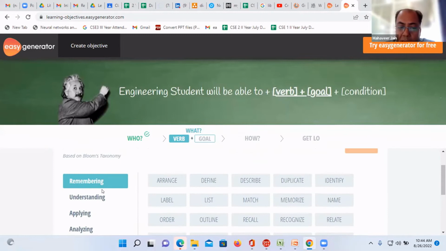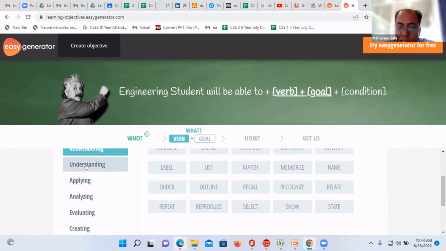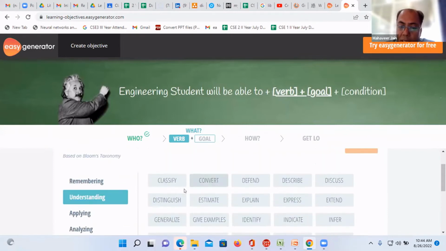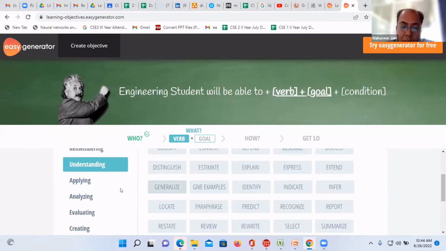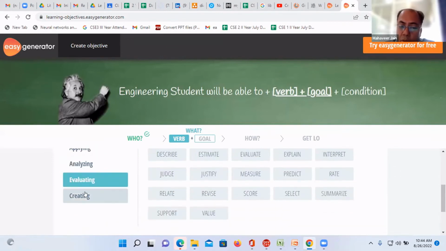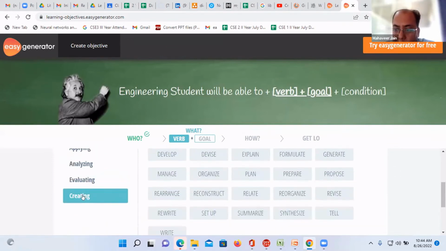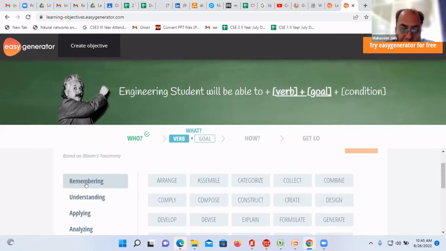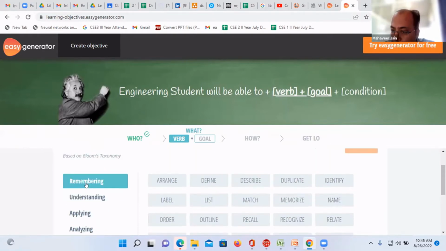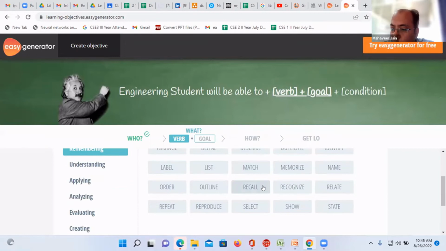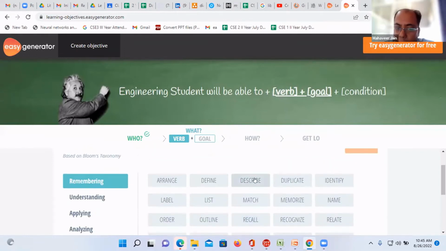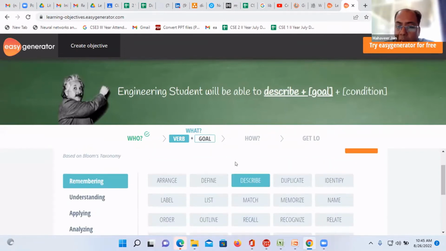Likewise, understanding has verbs like convert, defend, describe, and then applying, analyzing, evaluating, and creating. So this is Bloom's taxonomy. Remembering is the basic level. You can select any verb like describe. So the engineering student will be able to describe.